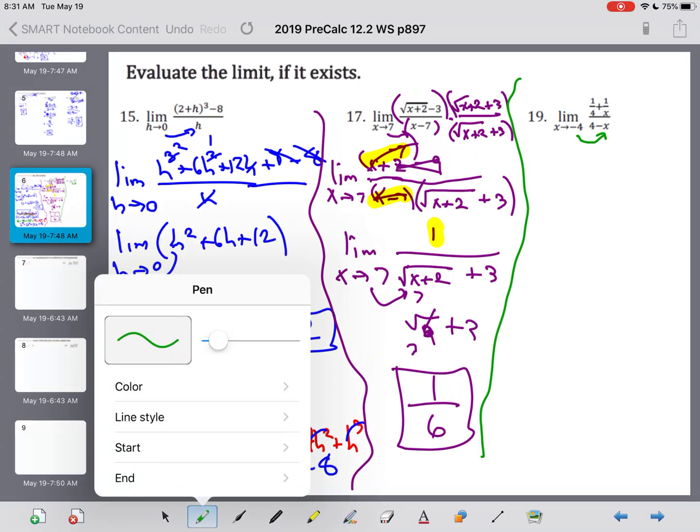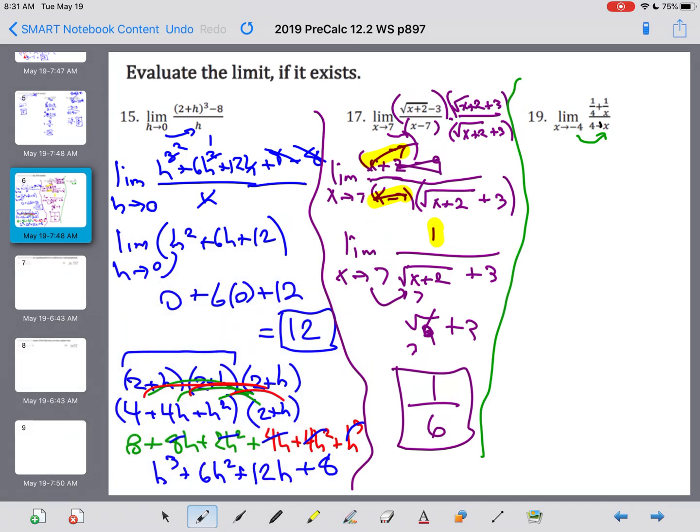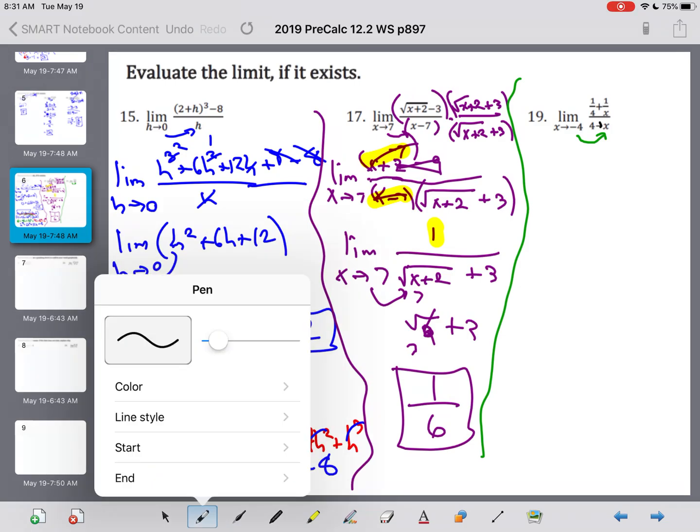So let me fix that. This is supposed to be a plus. So when I plug in a negative 4, we'll have a problem there. So let's kind of do some simplifying here. Let's see what happens. And we are on number 19.